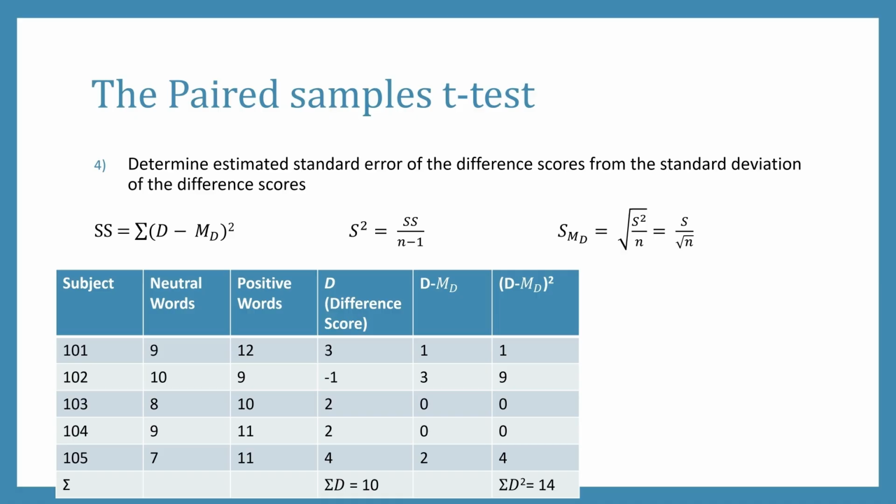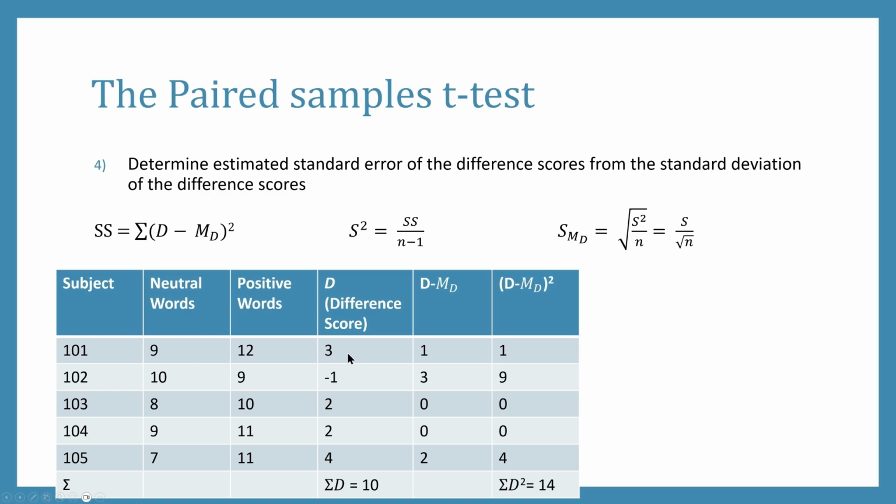So we have our different scores. What we have to do is look at what we found for the average difference score, which if you remember, it was 2. And then we see how much did this person's difference score deviate from the average. So this person, they scored 3 more words from the neutral versus positive.